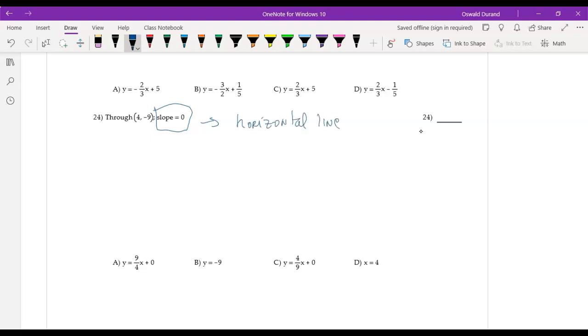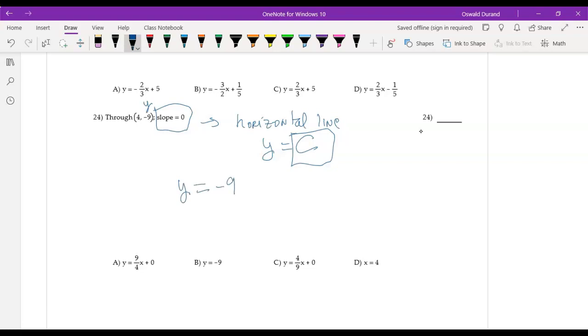And the horizontal line looks like y equal to c. Now you have to say, oh, y equal to c, what does that mean? Well, it means that when my line crosses the y-axis, it has to cross a y value. And the y value here is -9. So therefore, my equation is going to look like y equal to -9.